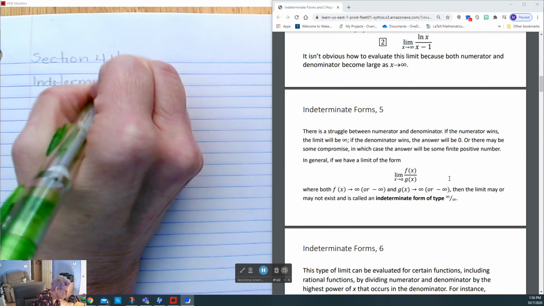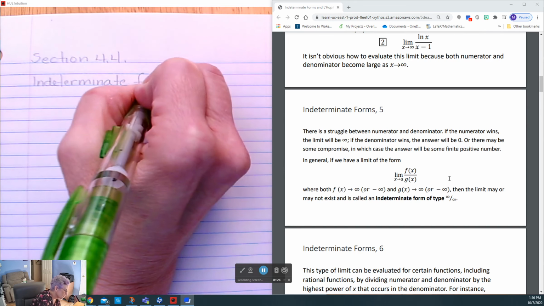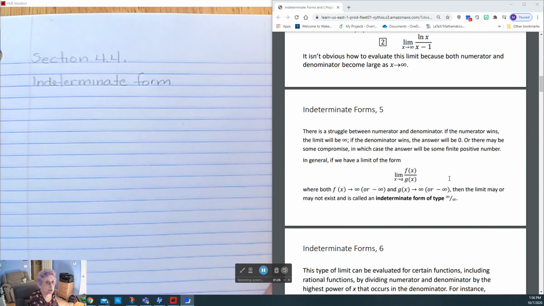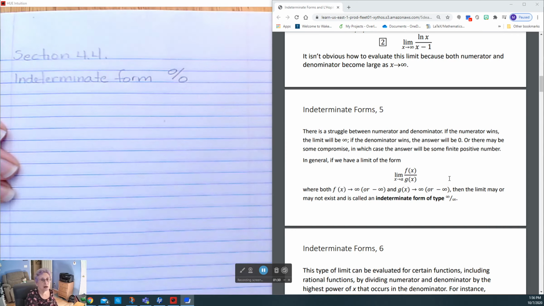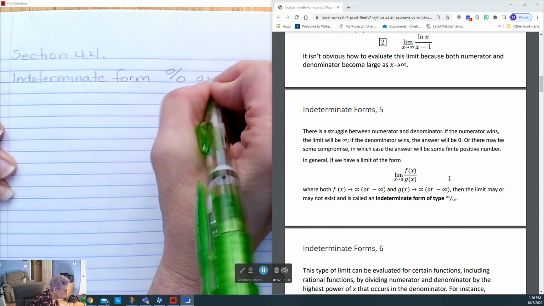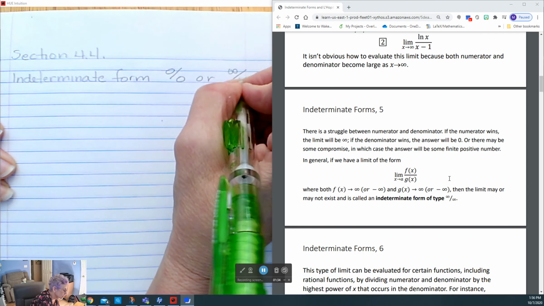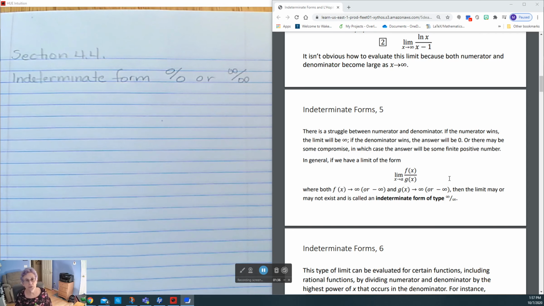Indeterminate. So in order to use L'Hopital's rule, you must have 0 over 0 or infinity over infinity. You can't have 0 over infinity.